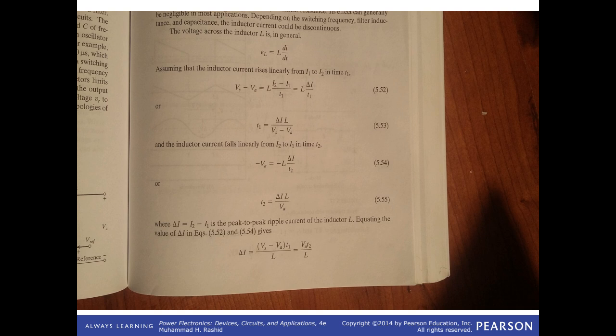Inductance voltage is equal to L di/dt, which is the general rule. And we all assume that current is rising linearly from I1 to I2. So the difference between supply and the load is equal to L di/dt. Di is delta I, which is I2 minus I1, over T1.